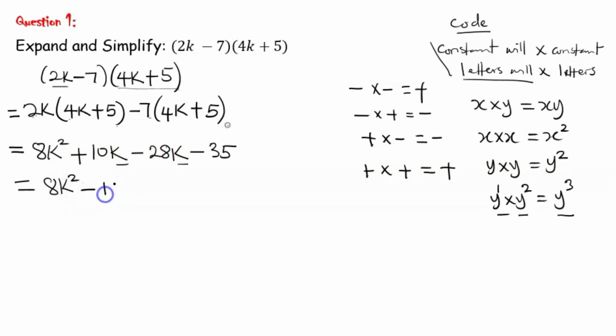You'll be owing 18. Okay, you have 18k. Negative 35. And this is the answer. There is nothing else we can do, of course, unless we want to factorize, but that's not what we are asked to do now. We are just asked to expand and simplify. So this is how far we can go.